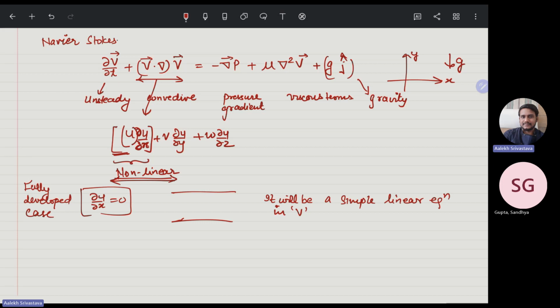But in real life, the flow is not always so simple or in a very simple geometry. So there is one more method that we call the method of approximation, or order of magnitude analysis.